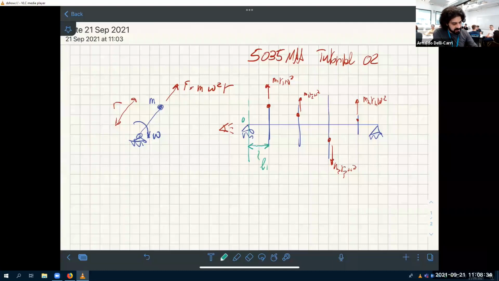Then you have the moment of this force about the point, this times L2, and so on. This is L3, this is L4.